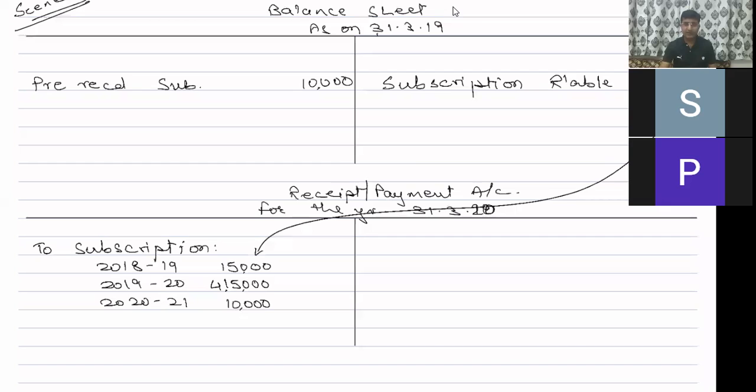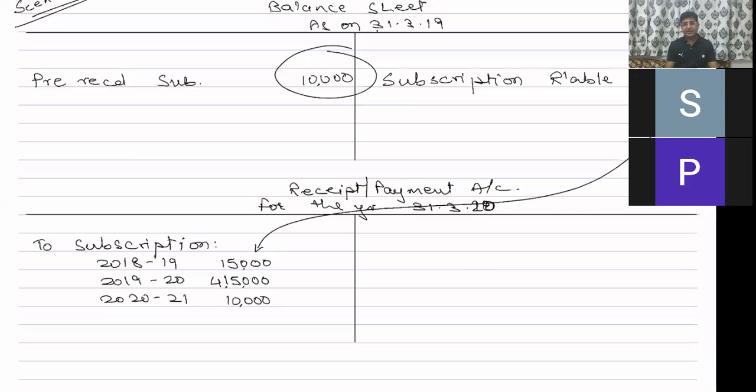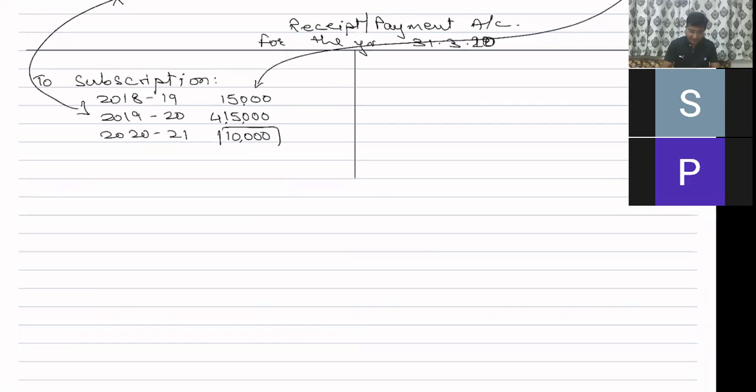Right? Whereas this 10,000 which has been provided in my balance sheet at the beginning is the amount which I have received in previous year, but it is the income of current year or not. So it has not been included in here, but it will be included in the income and expenditure account. And this 10,000 is nothing but the pre-received for next year or not? Pre-received for next year.